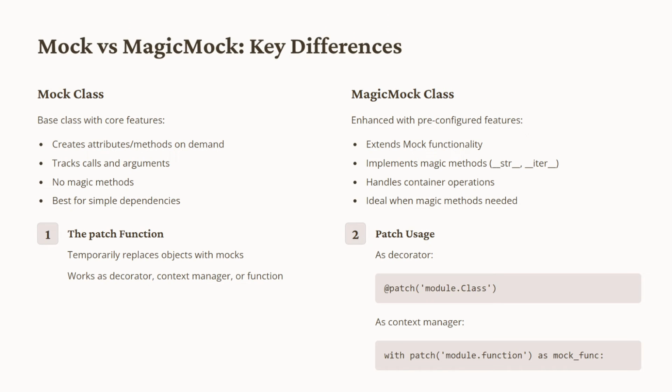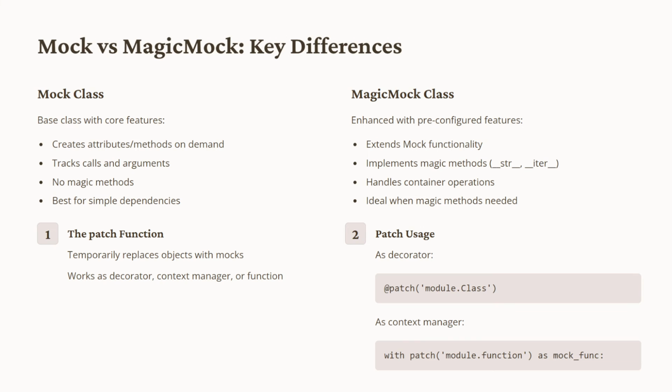The Mock class uses no magic methods, but the MagicMock class handles container operations. The Mock class is best for simple dependencies. The MagicMock class is ideal when magic methods are needed.